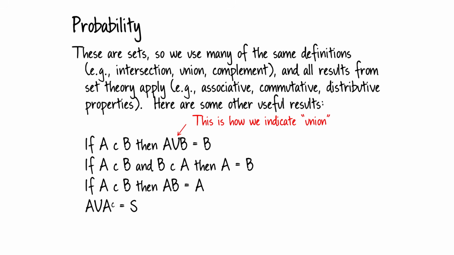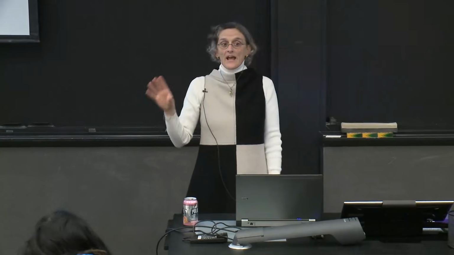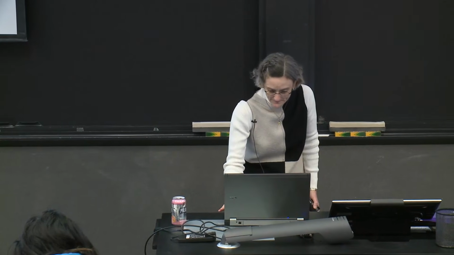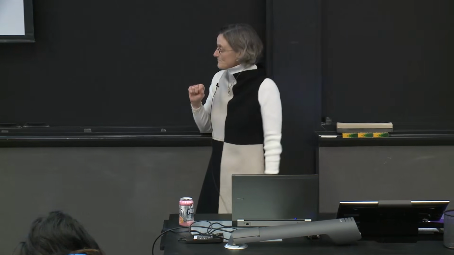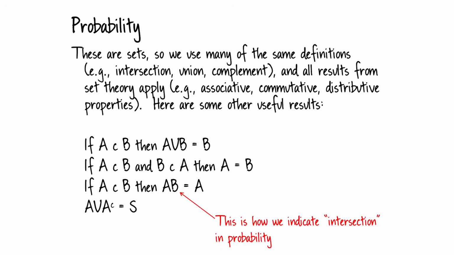Now here is actually one place where the notation between set theory and probability theory deviates a little bit. In set theory, typically we indicate the intersection between two sets with a symbol that looks like this. And in probability, we usually just leave that out.